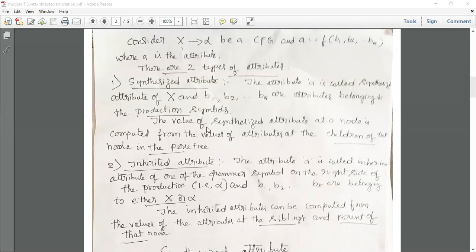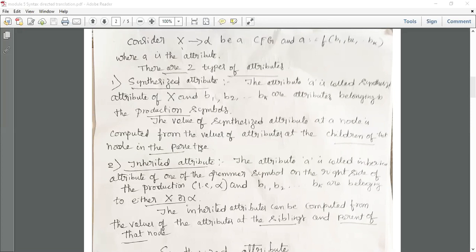The value of a synthesized attribute at a node, that is, at every node, is computed from the values of attributes at the children of that node in the parse tree. So we have a child, that means parent and children. We have a bottom up parse tree and a top down parse tree, and the same thing repeats here. But here we need to compute from the values of attributes at the children of that node in the parse tree.